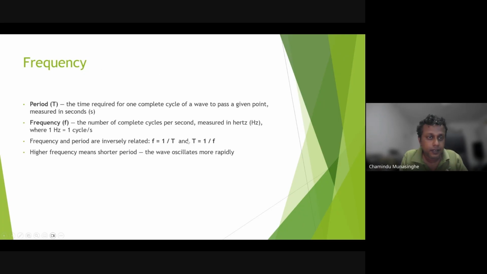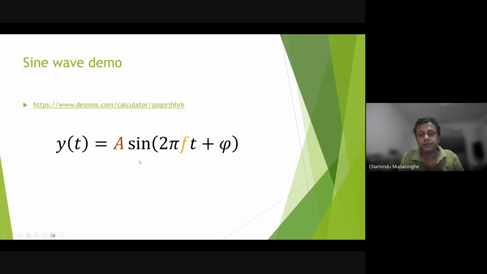So now let's take a look at this. I mentioned earlier as well, we are more interested in getting a visual intuition for this, right? So a sine wave can be represented by this expression or formula: A times sine(2πft + φ).